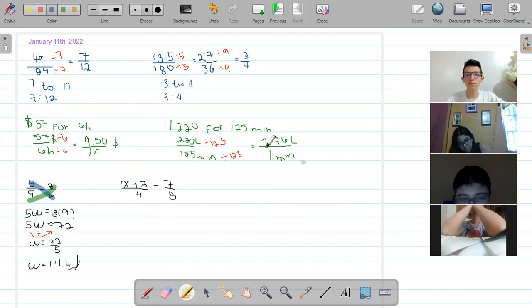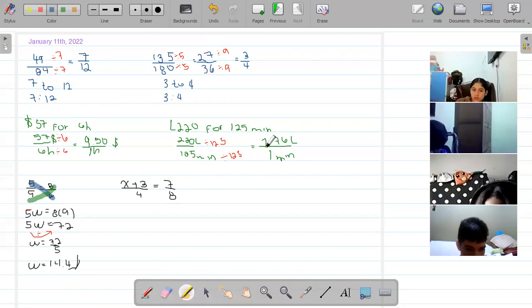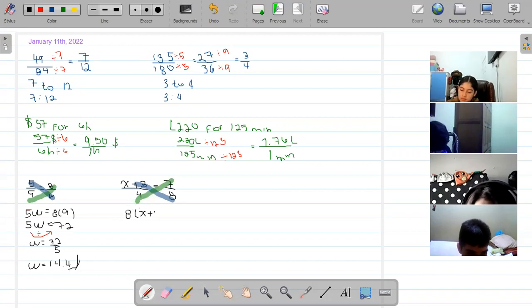No, it doesn't change anything. I still need to multiply the extremes and the means. So I'm going to say x plus 3 times 8, copying the 8 and then inside a parenthesis copying the x plus 3, equals 7 times 4.